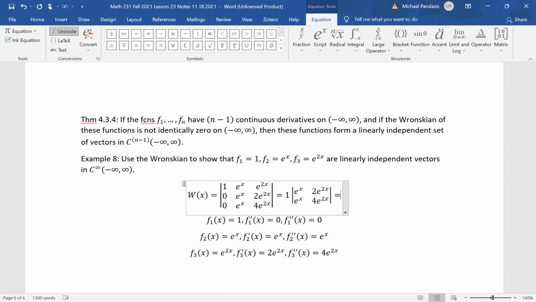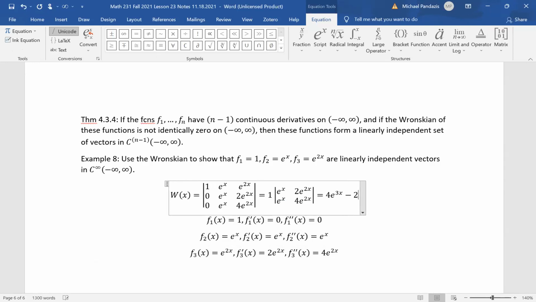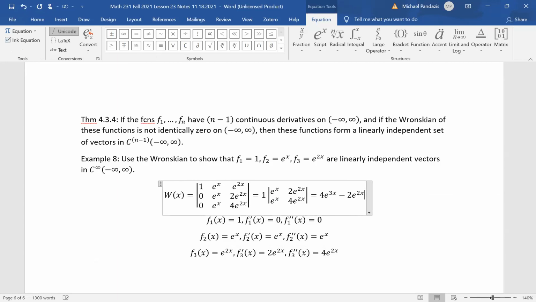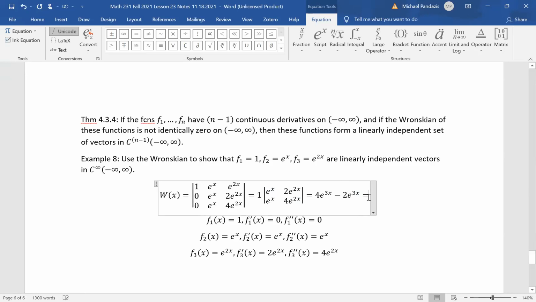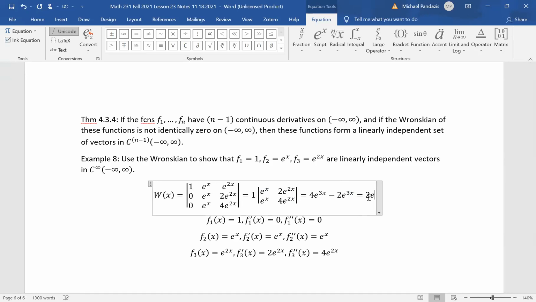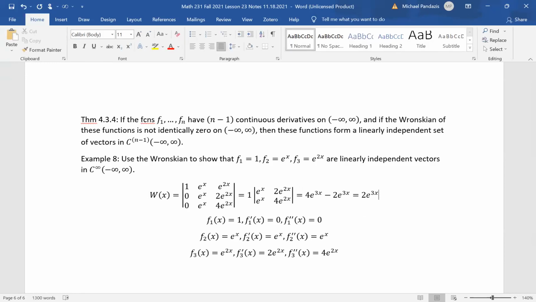When you take the determinant of that matrix, you get e to the x times 4e to the 2x, which is 4e to the 3x, minus 2e to the 2x times e to the x, which is 2e to the 3x. So 4e to the 3x minus 2e to the 3x is 2e to the 3x. So that's the Wronskian.